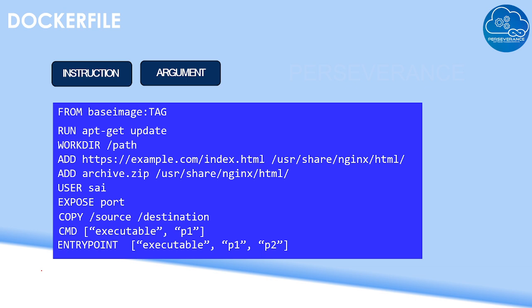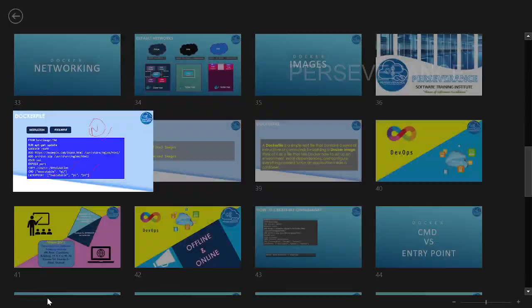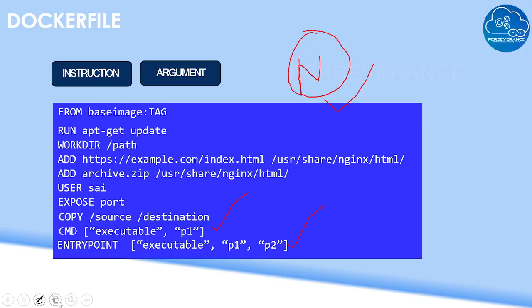For now, just understand what these two are. For example, if this image finally uses Nginx, maybe CMD or ENTRYPOINT will have instructions to start the Nginx service. Only if you start it will the container be up and running. That is the use of CMD or ENTRYPOINT.